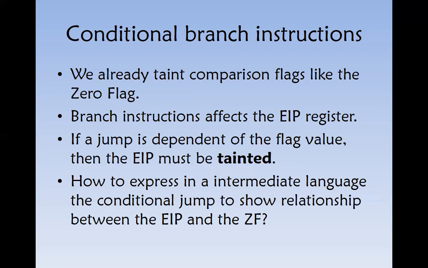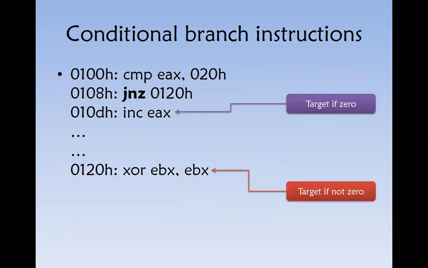Taint comparison flags like the zero flag we already tainted, but branch instructions also affect the EIP register, the instruction pointer. The reason is that based upon the value of this conditional, you change the value of the instruction pointer, either to, in this particular case, 010DH, which is the instruction just following the JNZ, or else you go over here.